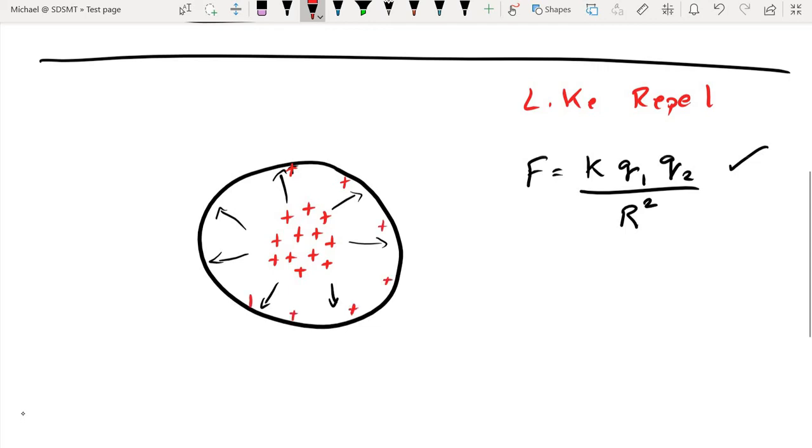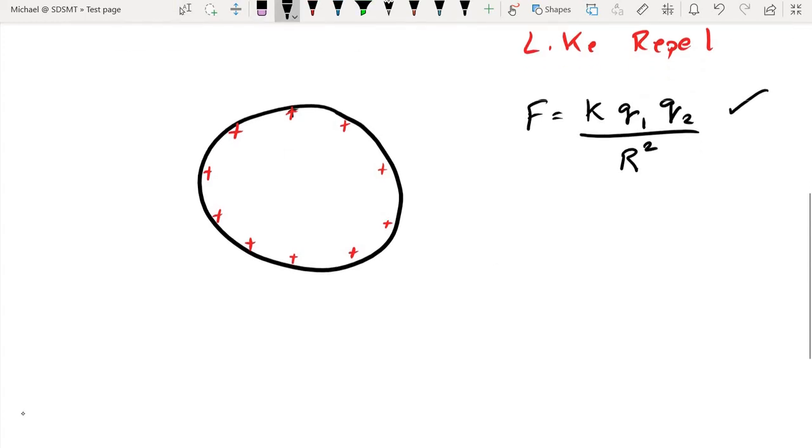And they're going to continue with their shoving match until they have achieved some form of equilibrium. And that equilibrium means that we're going to have a uniform distribution of charge at the surface of our sphere.